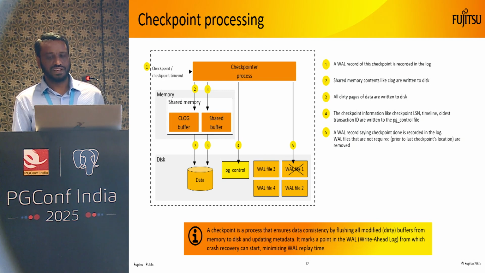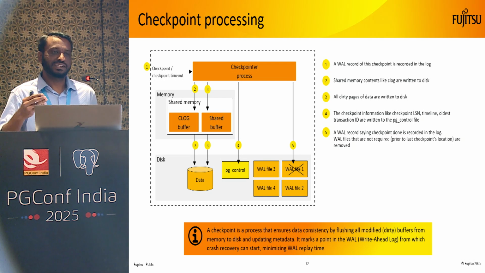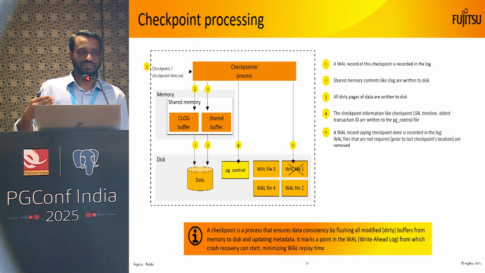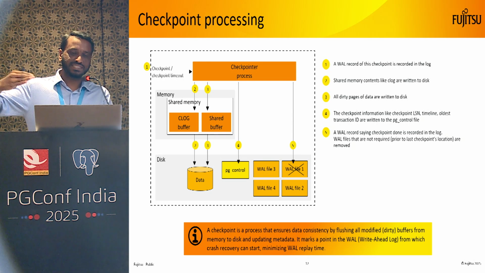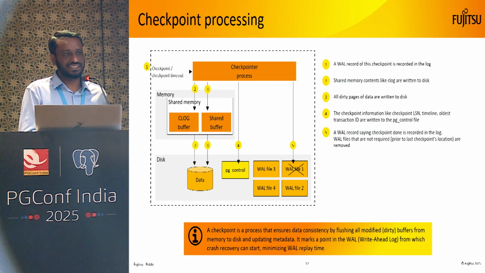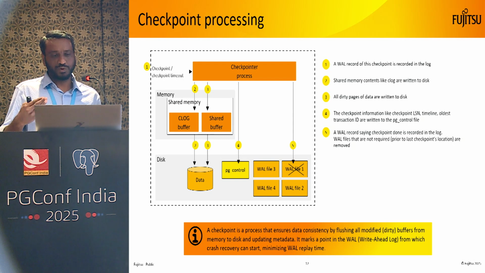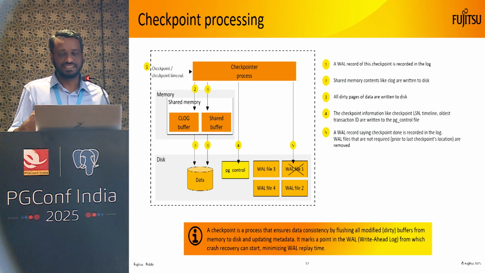So once we flush the dirty pages, we don't need these WAL records. So we can advance our redo position. The previous WALs are no more required. From until here, all these contents are present on disk. Even if the system crashes, we have no issues. So the redo position will advance, and we write this information into the PG control file.